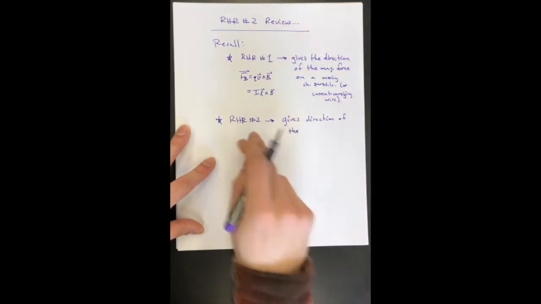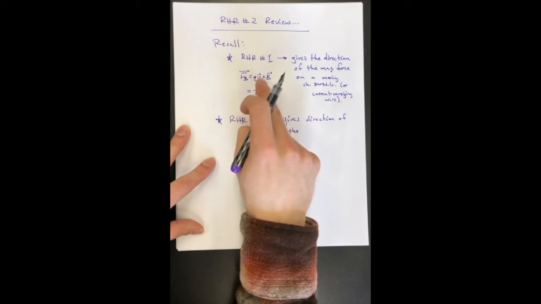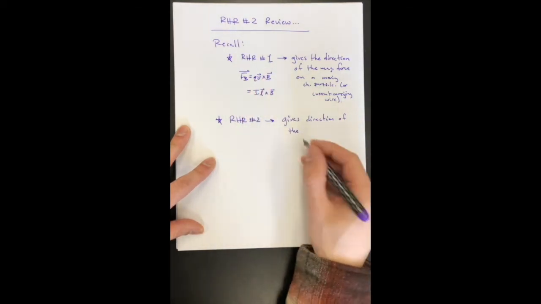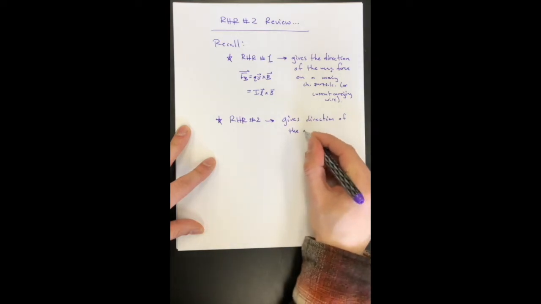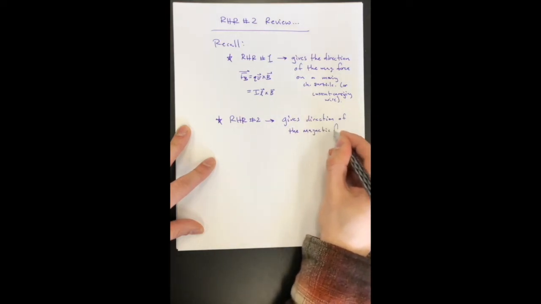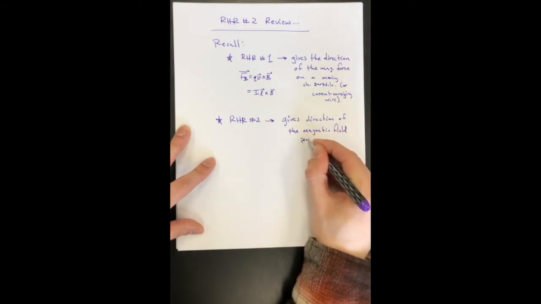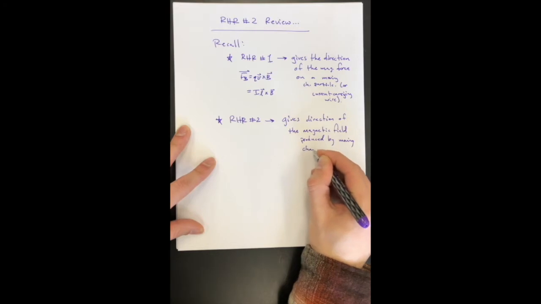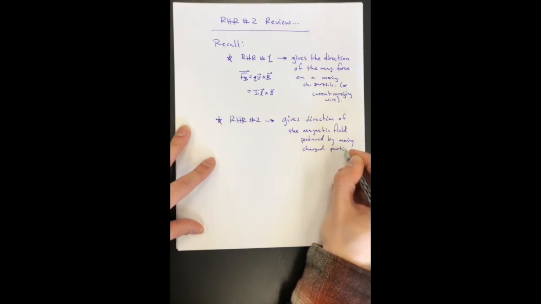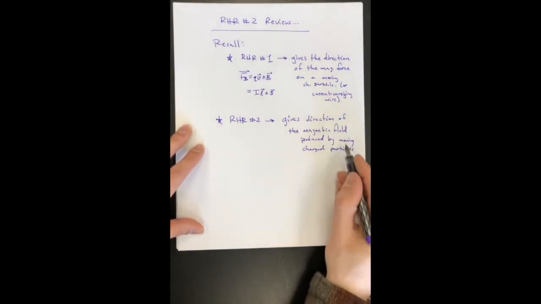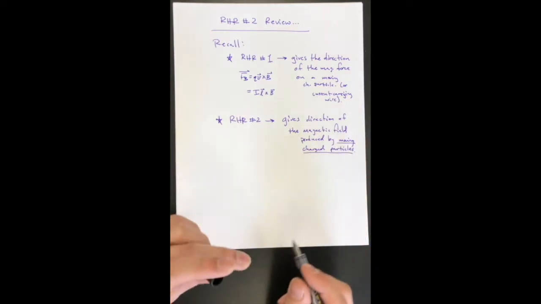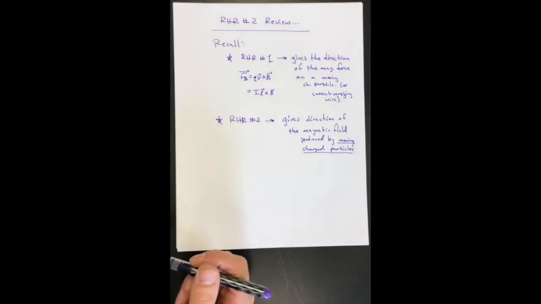But this gives the direction of a field, this gives the direction of a force, and so that's the easiest way to keep them separate in your minds. It seems a little redundant, but as you see, I'm always saying moving charged particles because it always takes a moving charged particle to create or be affected by magnetic fields.